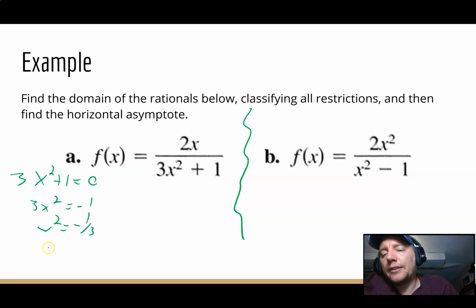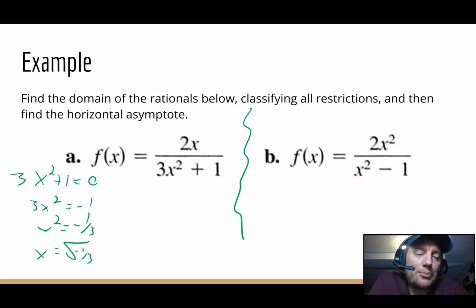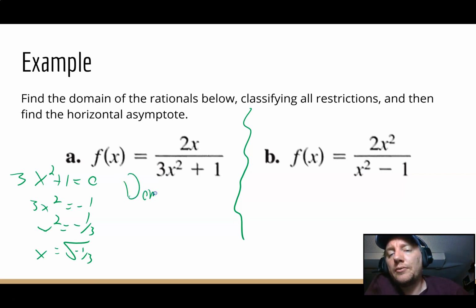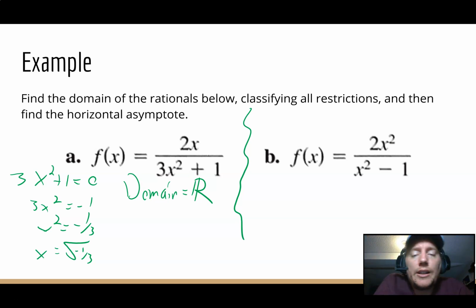And I see an issue. That's an imaginary number. There are no zeros on the bottom. So the domain is all real numbers because there are no restrictions. There's nothing that makes the bottom equal 0. There's nothing to classify.